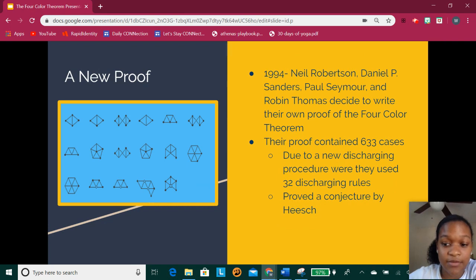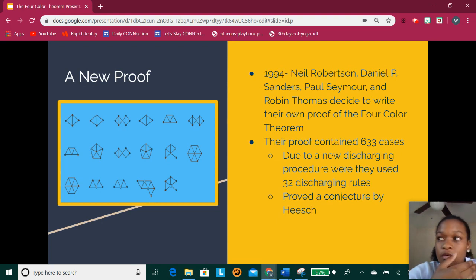With this said, a few decades later, a new proof was written. In 1994, Neil Robertson, Daniel P. Sanders, Paul Seymour, and Robin Thomas decided to write their own proof of the Four-Color Theorem because they were among the few people who were trying to verify the old proof from 1976.